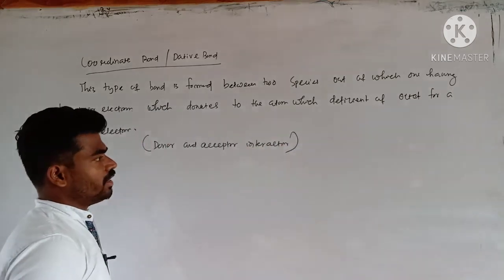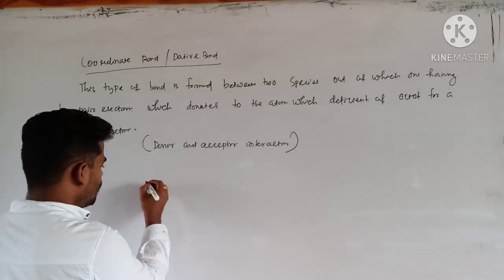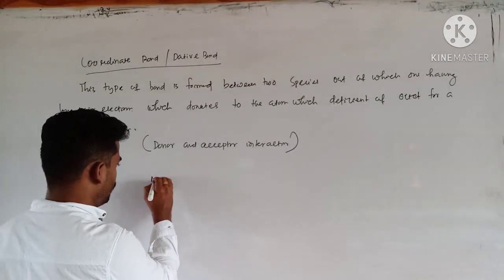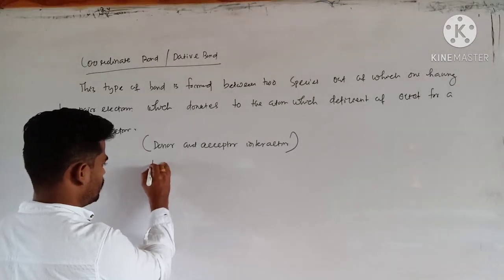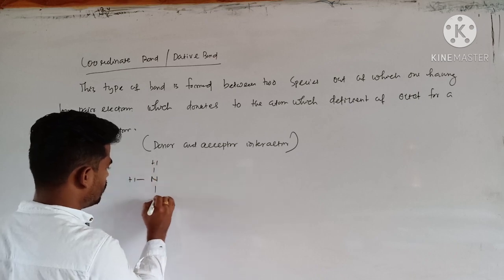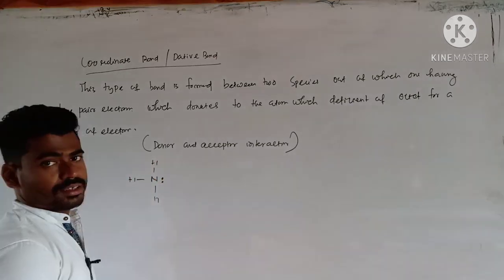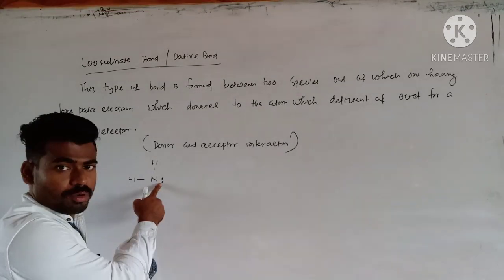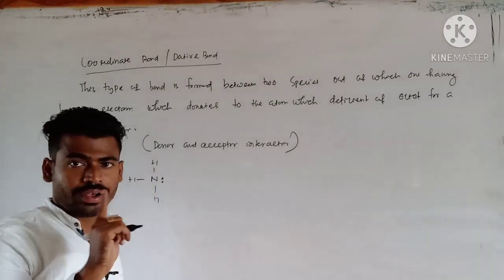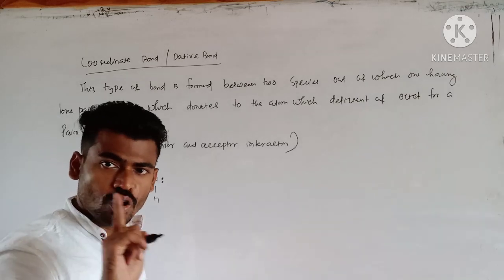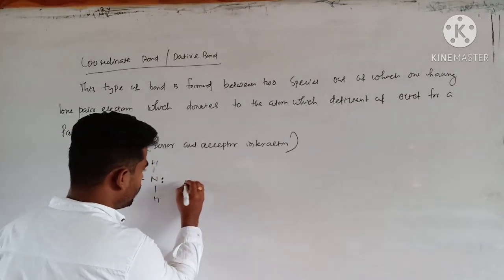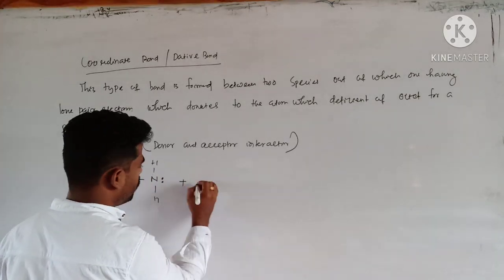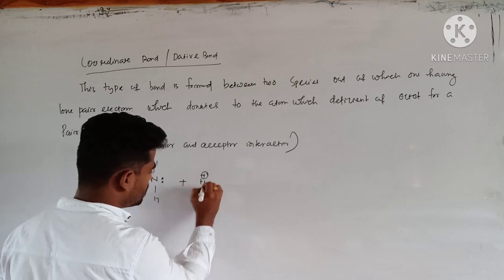Donor acceptor interaction means, I am considering a molecule, ammonia. This is the Lewis structure of ammonia. Is that clear? And here this pair of electrons is not involved in bonding. That's why this is called a non-bonded electron pair, or you can say lone pair. Whenever we interact this ammonia with H+, this is a proton.